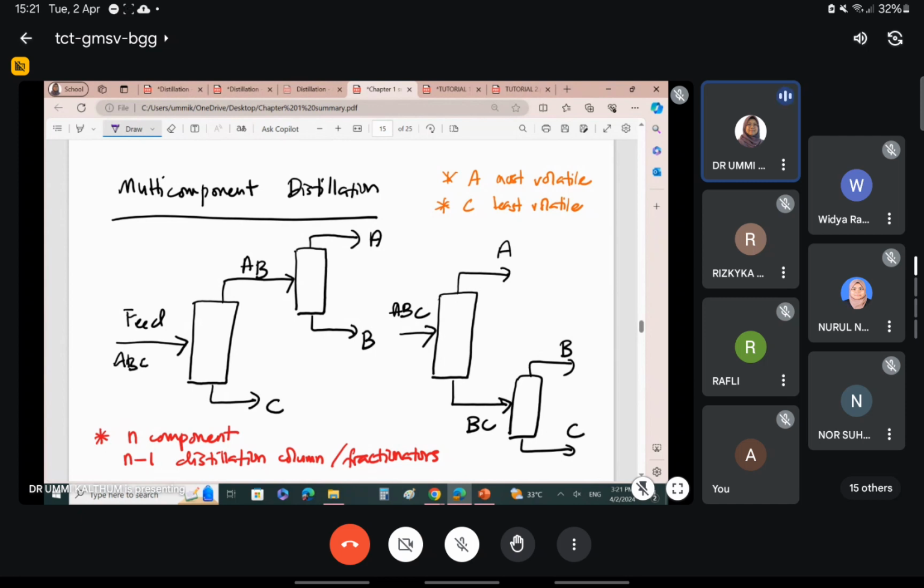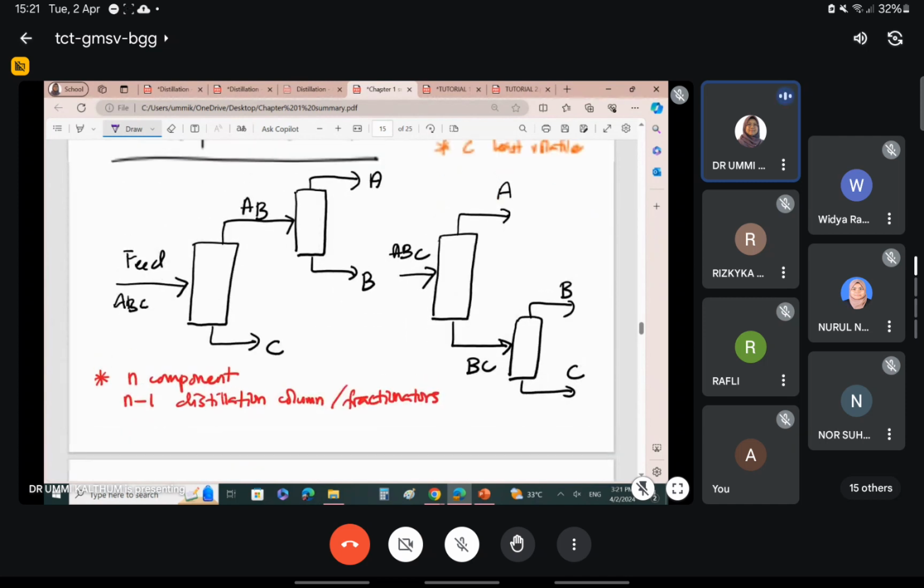Let's say we have component A, component B, and component C. If we have n components, we require n minus 1 distillation columns. If we have 3 components, we need 2 distillation columns to separate the components.